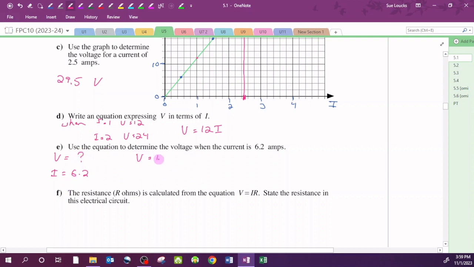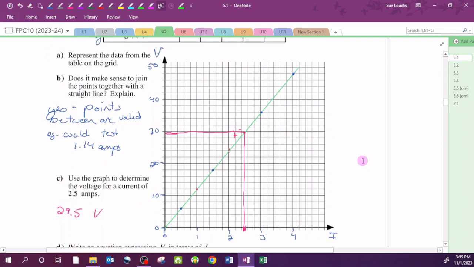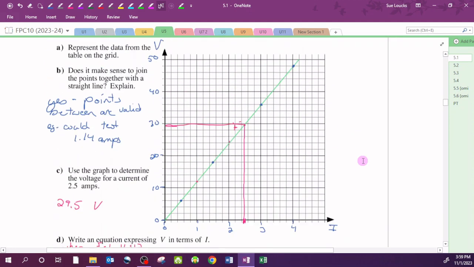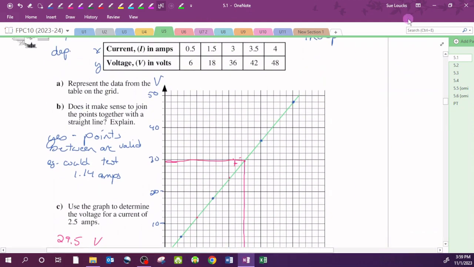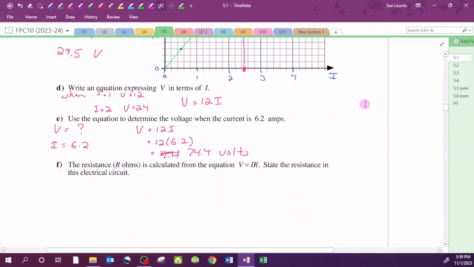So V equals 12I, so that's 12 times 6.2, and my calculator tells me that is 74.4 volts. Okay, can I check that on the graph? No, I can't this time because my current doesn't go up that high. I'd be out here somewhere. But that's okay.